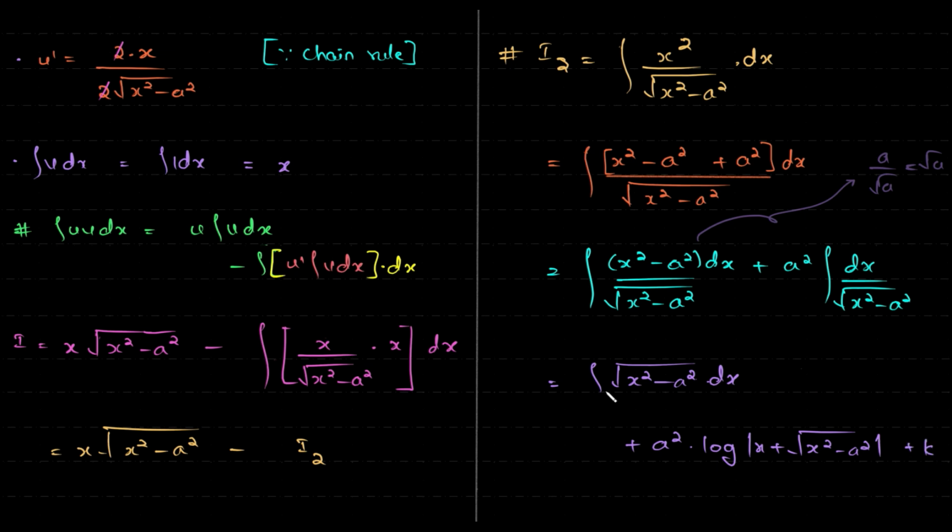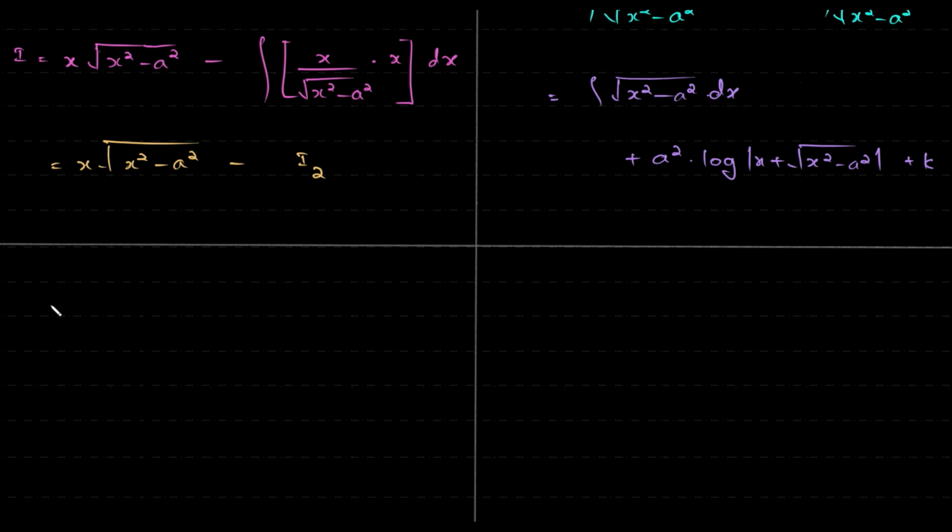I'll take it as k. But this particular expression is nothing but I, is it not? Therefore I2 is equal to I plus this entire expression, which I don't want to write again. Let me just copy this.